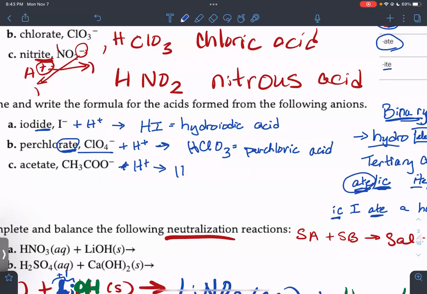We're going to make CH3COO. And instead of being a minus there, because we're adding an H plus, it's just going to be an H. So this one, if we go and look it up, it ends in ATE. So we're going to swap that for IC. So this is acetic acid.